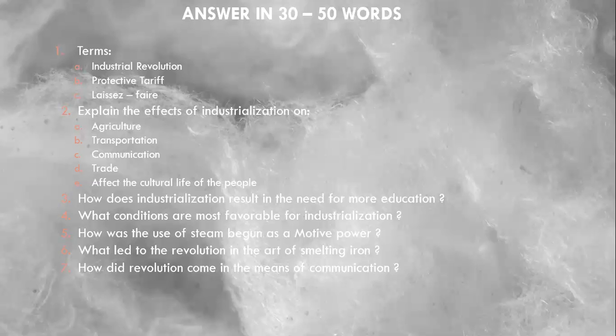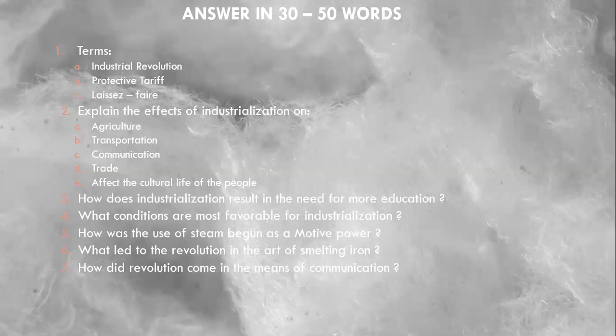And so Thomas Newcomen's machine was followed by one to pump water out of mines. And later on in 1850, Humphrey Davy invented the safety lamp, which enabled the miners to do their work very safely. So these were how steam was being used as a motive power. And later on, what led to the revolution of smelting iron.